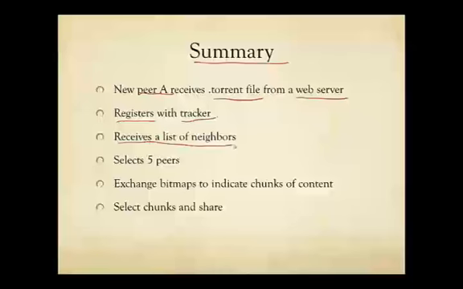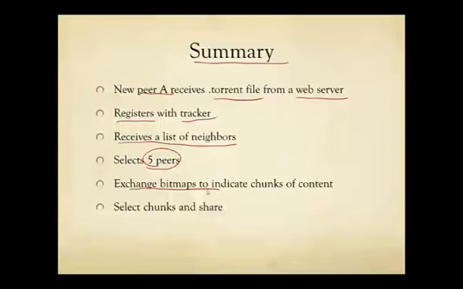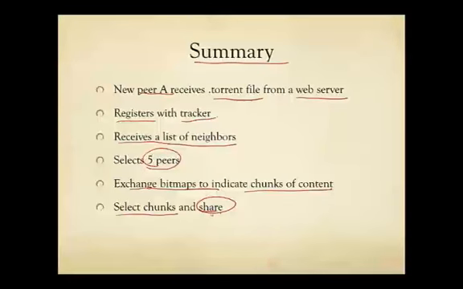In return, you also receive a list of neighbors, possible peers. Then using some mechanism, you're going to select, say, 5 peers, possibly 4 tit-for-tat, and then 1 randomization. And then you can start exchanging bitmaps directly with these peers and indicate the availability of chunks of content. Then based on, say, the rarest chunk first policy, you select the chunk, and finally you start sharing the content on the data plane.